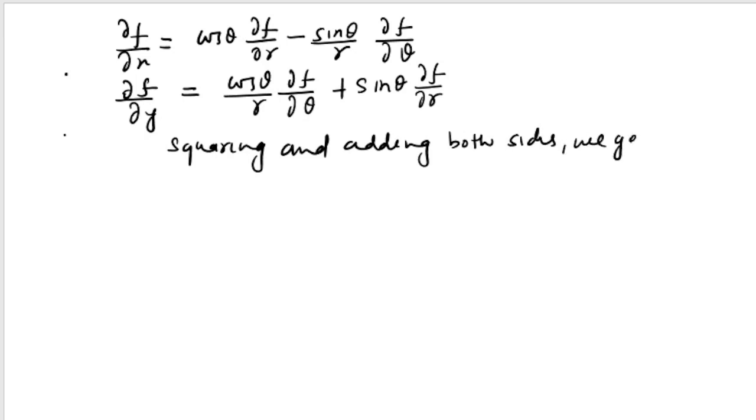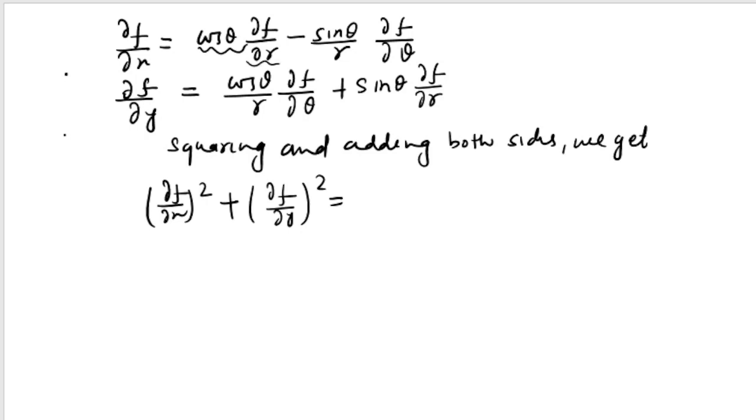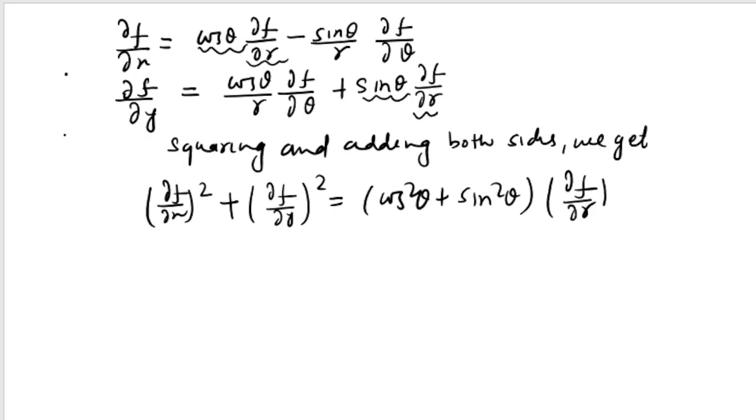We get del f by del x whole square plus del f by del y whole square is equal to, here we get cos square theta del f by del r square, and here I get sin square theta del f by del r square, means a square plus b square, right? So let me write this, cos square theta plus sin square theta del f by del r whole square.